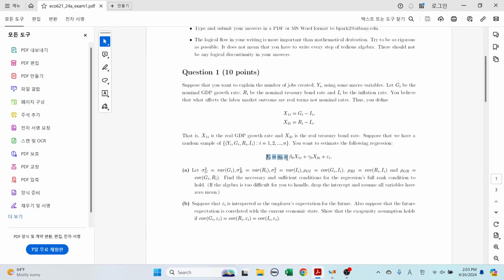First of all, it is pretty simple. Even though I wrote a lot, in the end, this is what you get: two regressors with an intercept, linear regression, pretty standard.